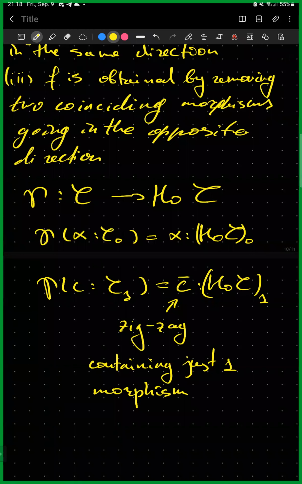Such localization always exists, but it is not necessarily locally small.